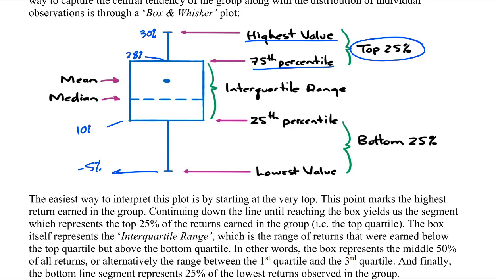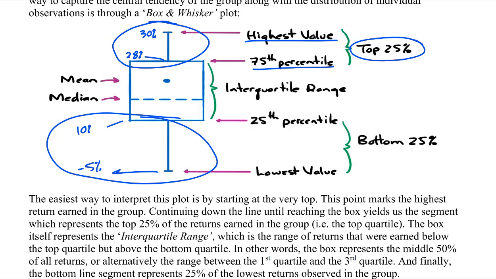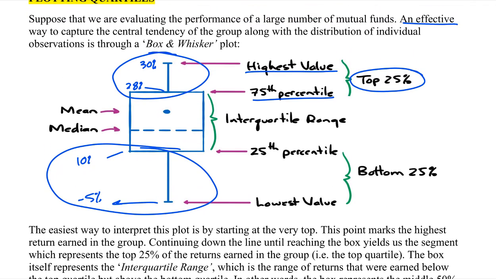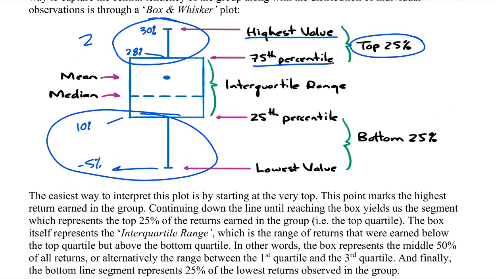minus 5%. So you could see that in both cases, this represents the top 25, and this represents the bottom 25. But if you look at the top 25, the only thing separating the performance between the top performer and the 25th percentile is 2. Whereas if you look at the bottom quartile and you look at the range of performance they had, the gap is 15%.